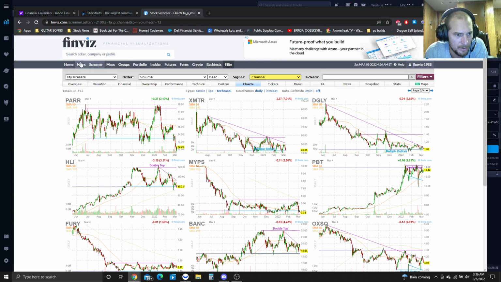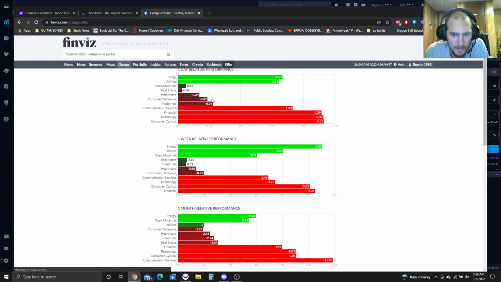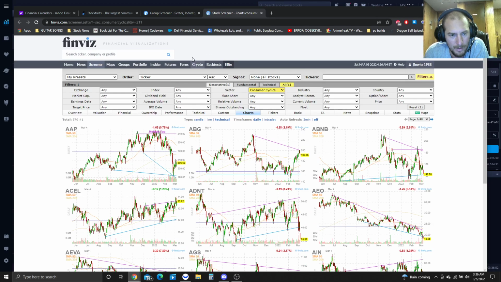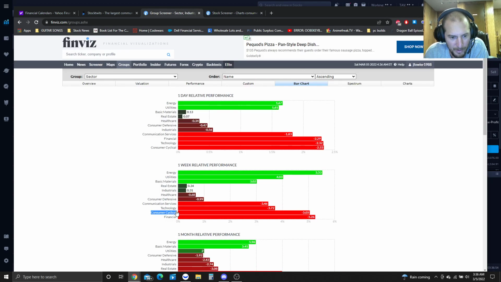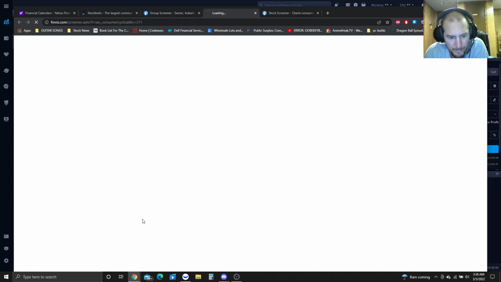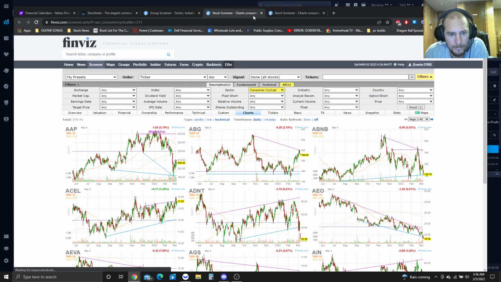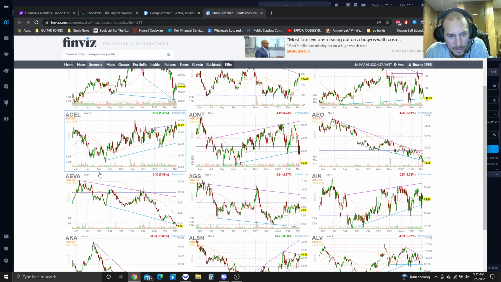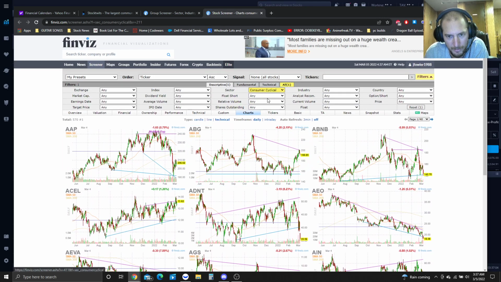Another place you can check out here is if you click on this groups tab, you can see what's performing the best and what's performing the worst. So if you're bearish, consumer cyclical is performing the worst over the last day, and it's performing really bad over the last week as well. From this, you can click on that, and you have all the stocks in consumer cyclical, right?